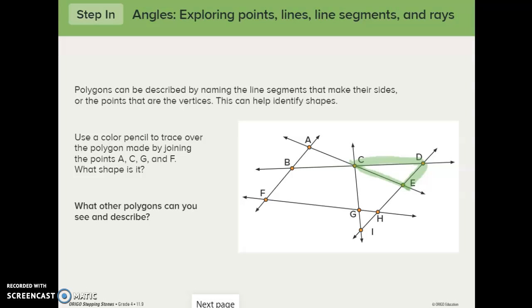We see a lot of different triangles. There's a couple different trapezoids. It creates these different polygons that we can then name using the same idea of naming those different points. So we could say it's A, B, C, and you just name that as the polygon, and we would name that ABC.